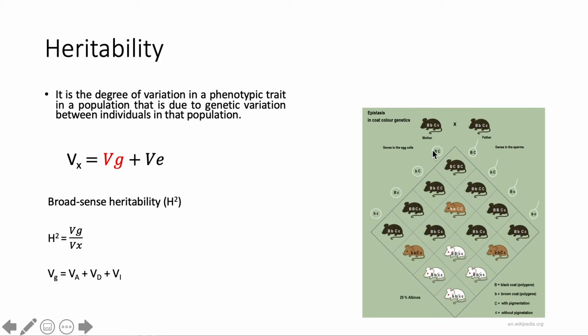This is a very simple example because there are just two genes, but the interactions could be bigger and involve several genes in the genome. Here you can see that interaction between genes could be complex. And the variance of that epistasis is taken into account in this variance in the formula.